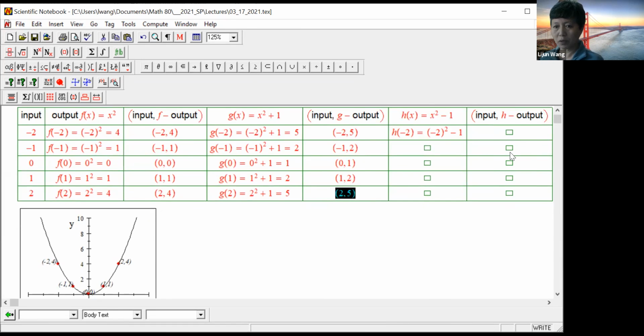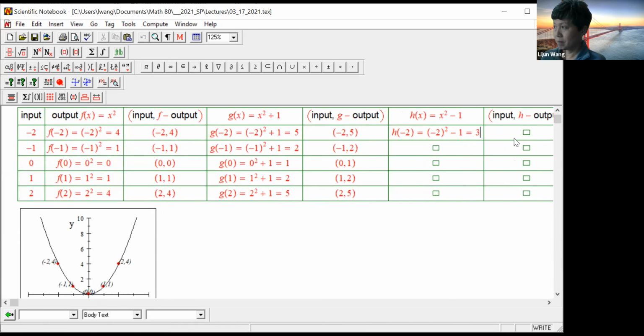Are you guys done with H? Okay, take your time. Input, output. Input, output. Different rules.